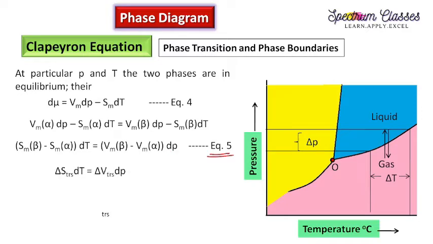Now if we solve this further, consider the change in entropy from the beta to the alpha phase. If we are moving from liquid to gaseous state or gaseous to liquid state, this is called a transition.